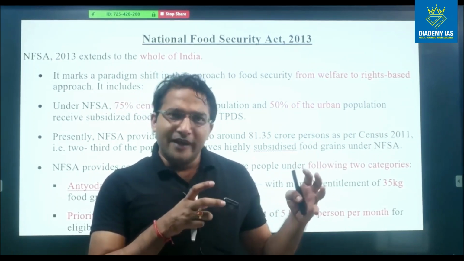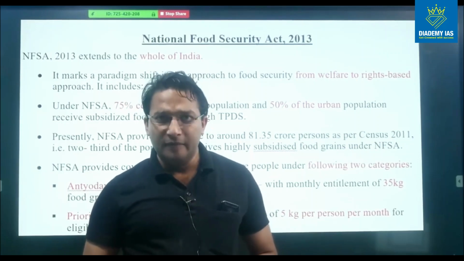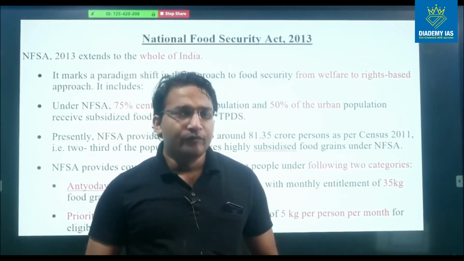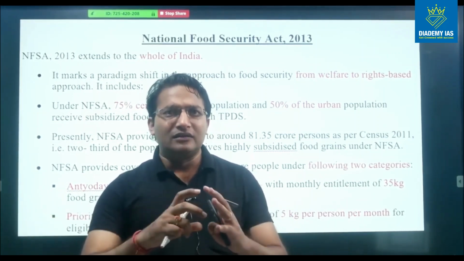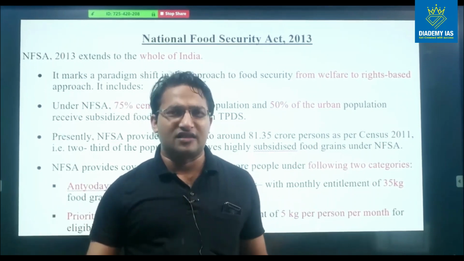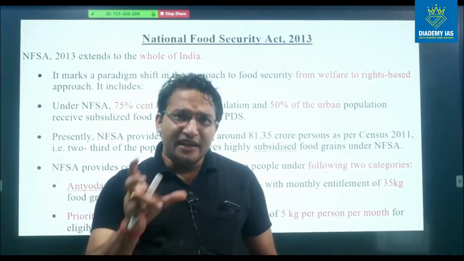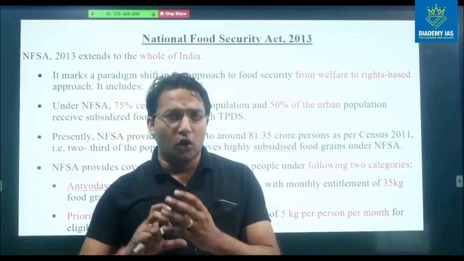There were many issues where this PDS was not being implemented properly. The cost of distribution was very high, and throughout India at state level there were various differences. The cost of distribution and the price at which it was issued were not uniform.